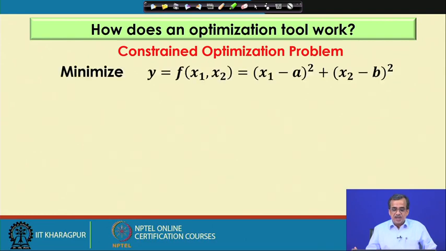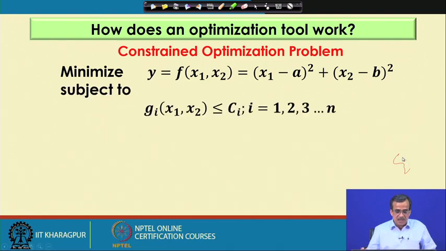That means there will be an objective function, that is y, a function of two variables x1 and x2. This is the mathematical expression I am going to consider for the objective function, subject to the condition g_i(x1, x2) ≤ c_i, where i is 1 up to n.